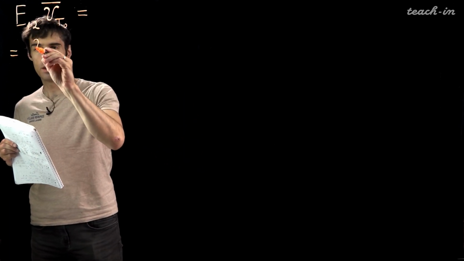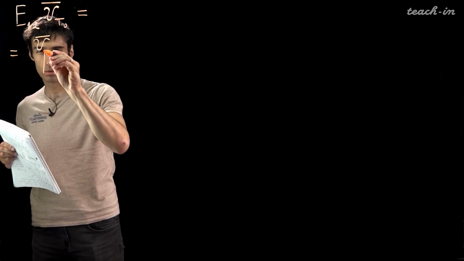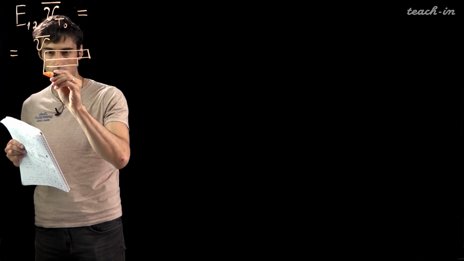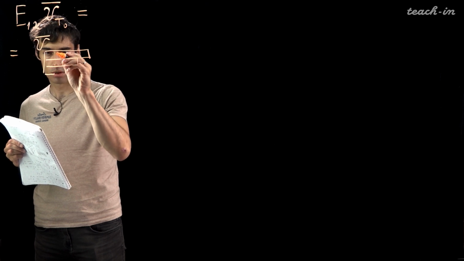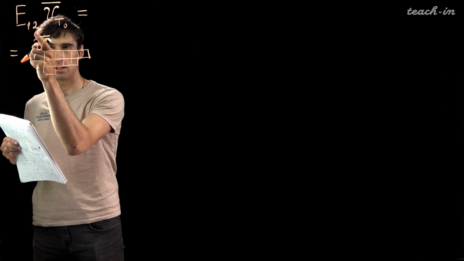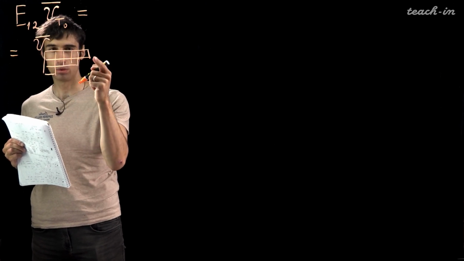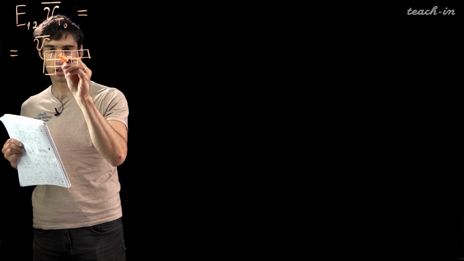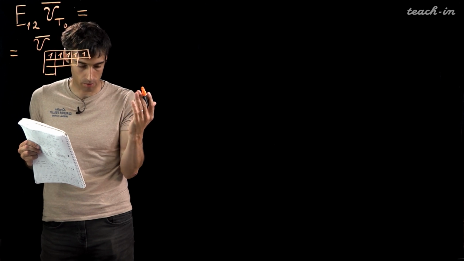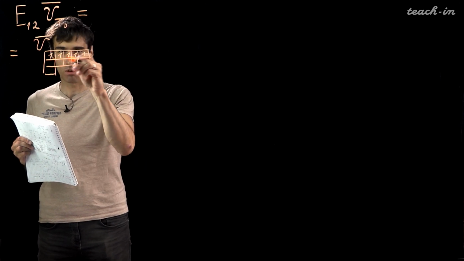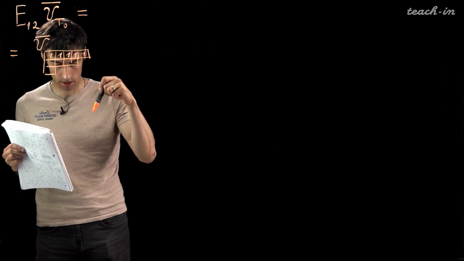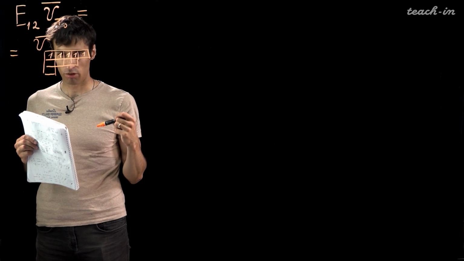So I can write the following. So it's v bar corresponding to the following. So this e12 seeks for boxes with 2 in them, right? Each box corresponds to a tensor factor, if you remember, and the number in the box corresponds to the label in the standard basis for this factor.